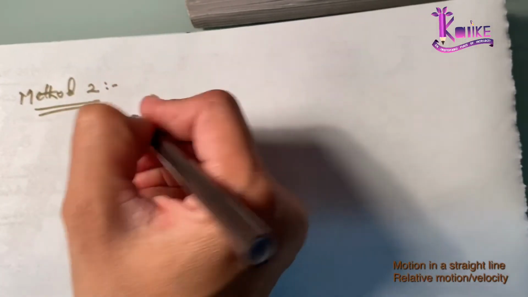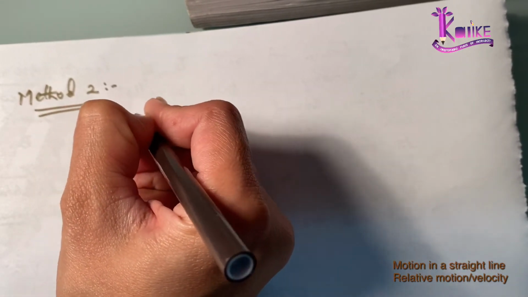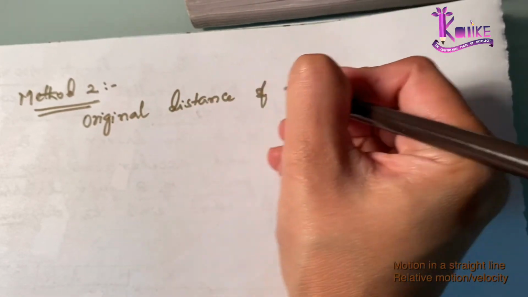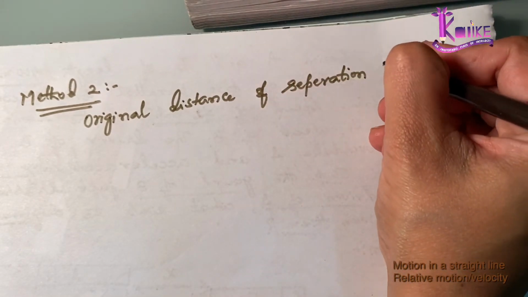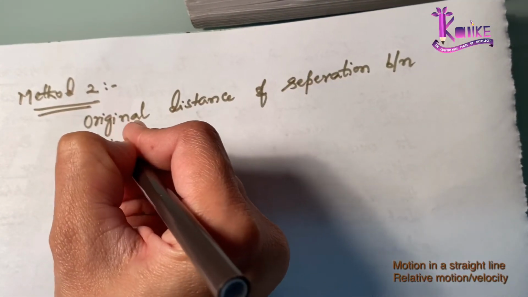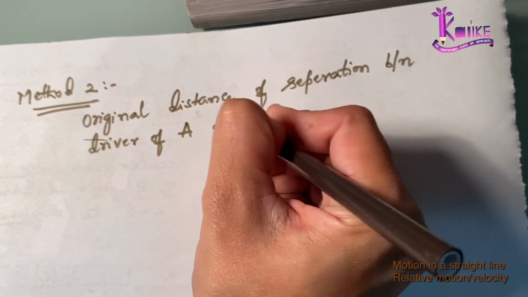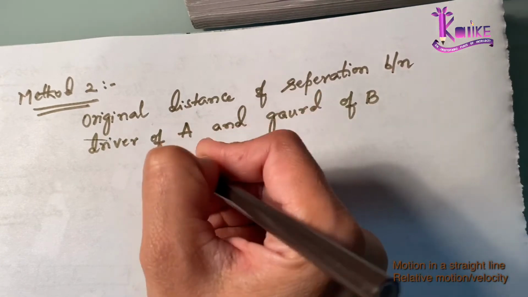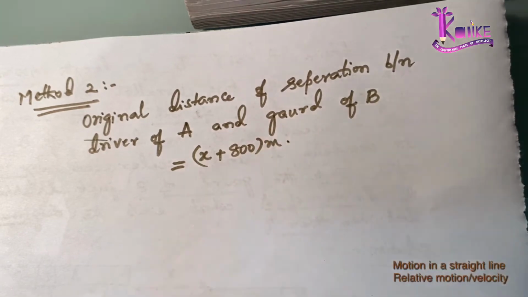Now we know the original distance of separation between driver of A and guard of B is equal to x plus 800 meter, right?